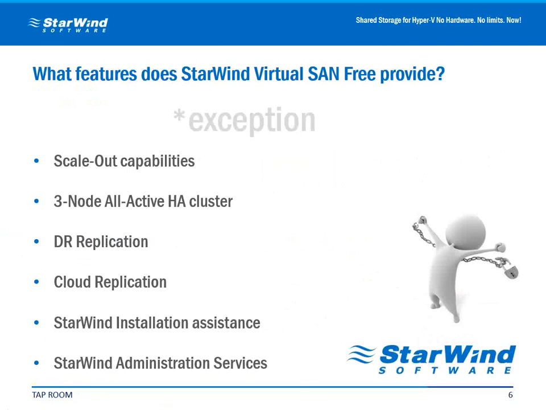For me it would be a big cornerstone, to be honest, because I would prefer scaling out the production. But for those who don't need it, that's a good choice. Okay, so it doesn't do the 3-node all-active HA cluster.